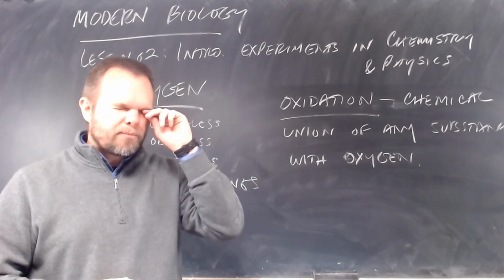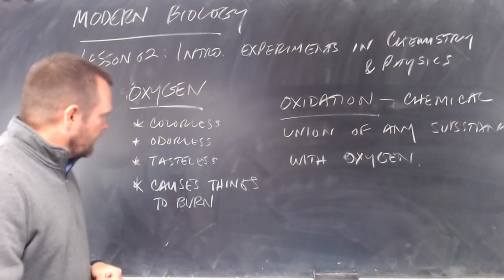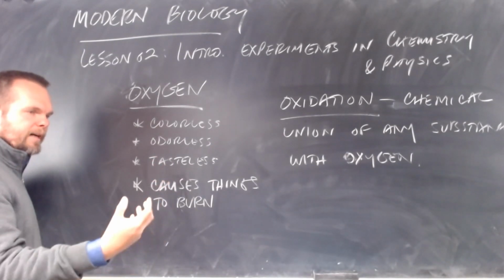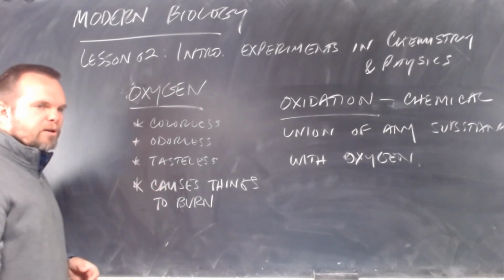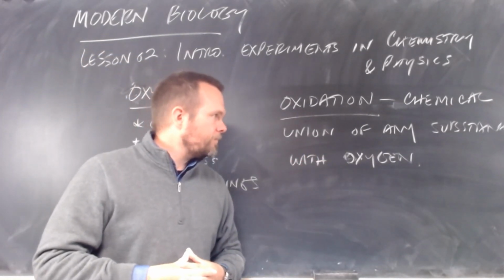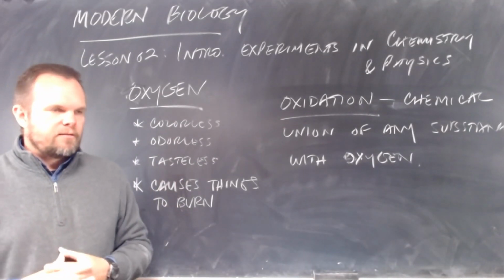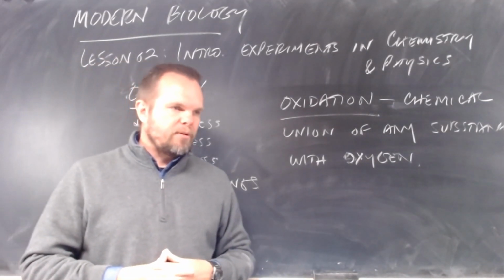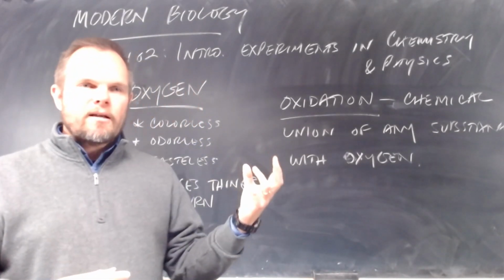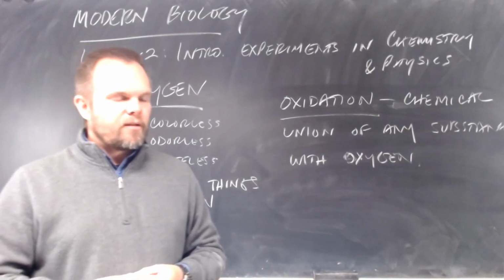So we learned some of the properties of oxygen. Oxygen is colorless, odorless, and tasteless, but we can tell it's present by its effects. It causes things to burn. When chemicals unite with oxygen, that process is called oxidation, and heat is given off by that process. Different substances are formed as other substances react and are joined together with oxygen.